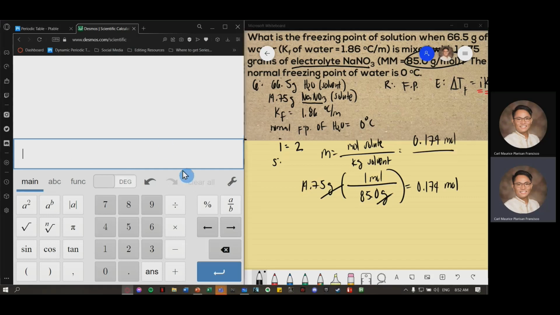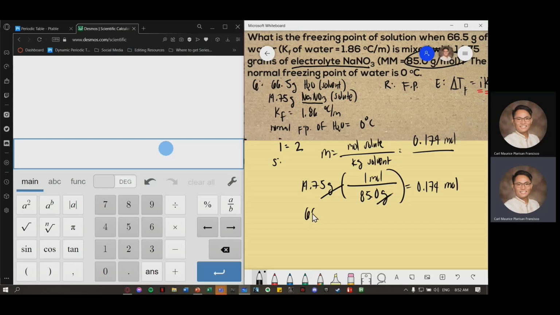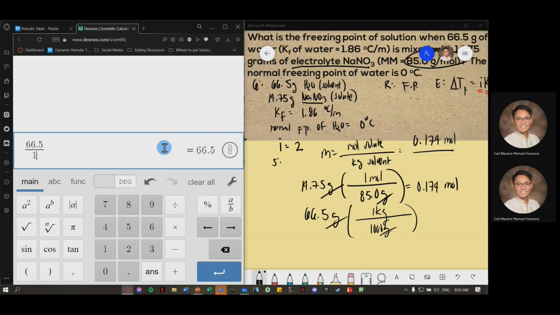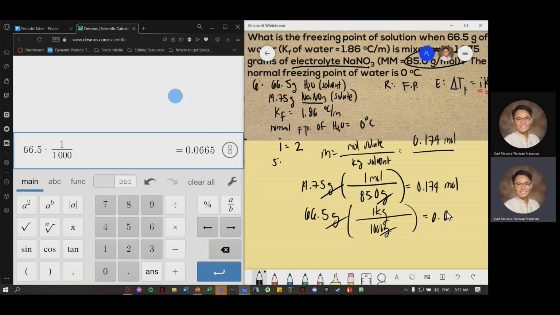For the denominator, what we need is kilogram. But what we have here is 66.5 grams of water, so convert it into kilogram. Okay, so from the calculator, you have here 0.0665 kilogram.